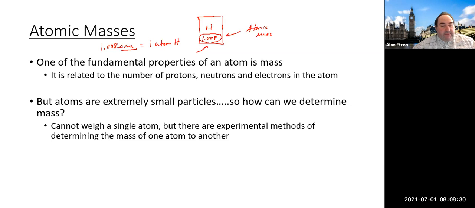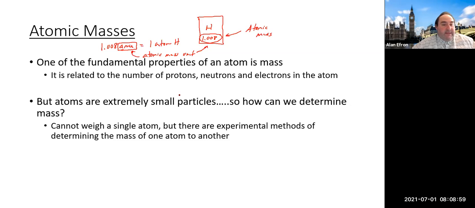AMU is a unit of atomic mass; it stands for atomic mass unit. So when we look at the periodic table, we can see all these atomic masses for every element, with numbers underneath. As we talked about earlier, that is not the mass number. That is something different.